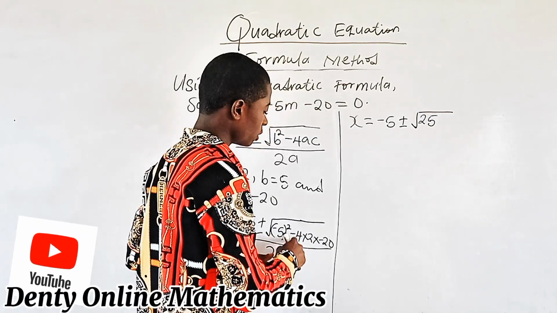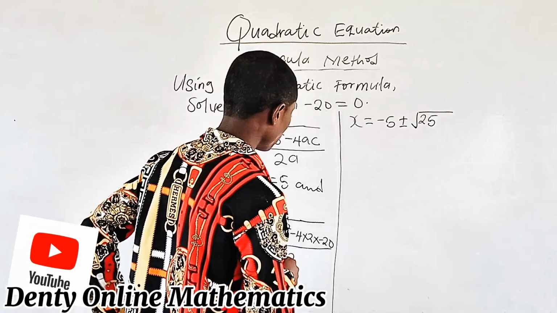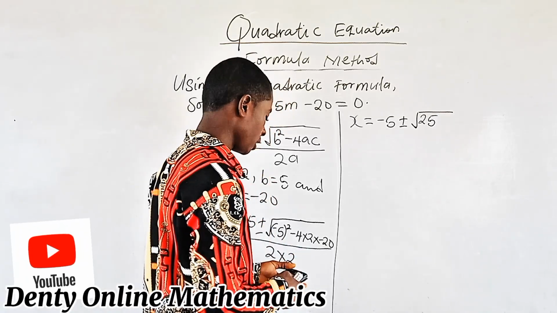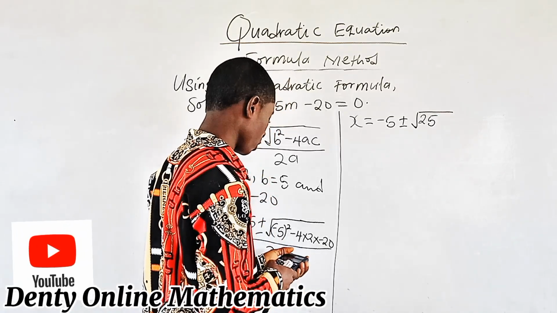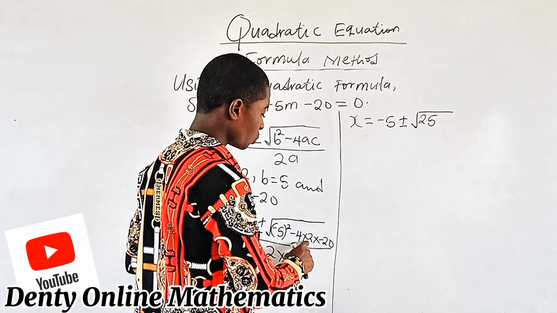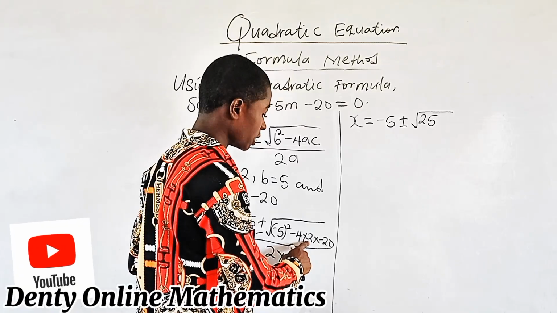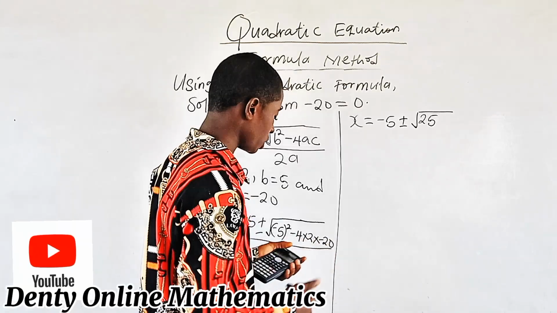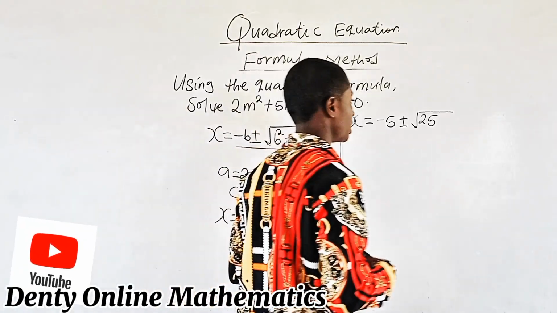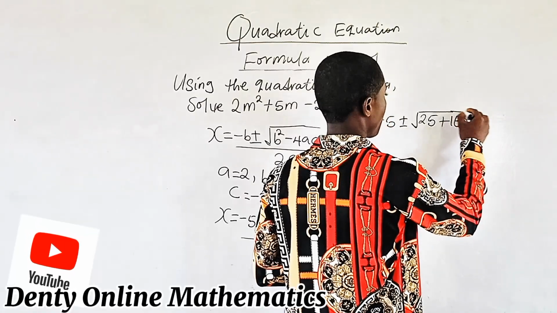Minus 4 times 2 will give us minus 8. Minus 8 times minus 20 will give us positive 160. So that will give us plus 160.